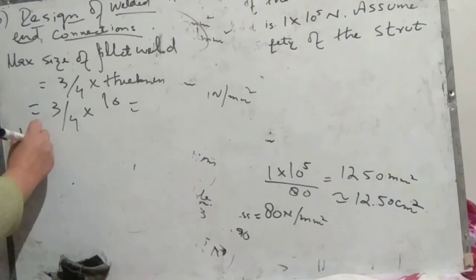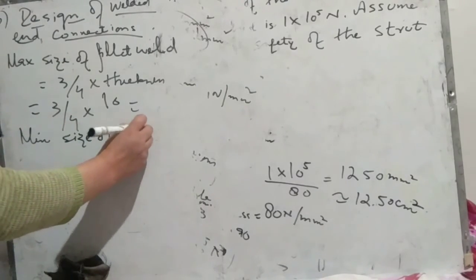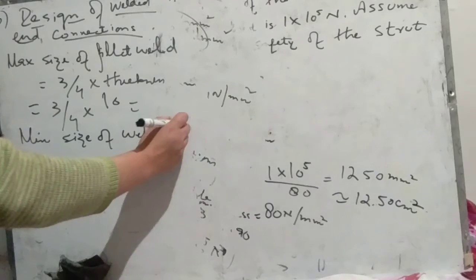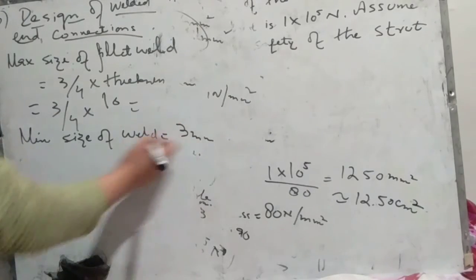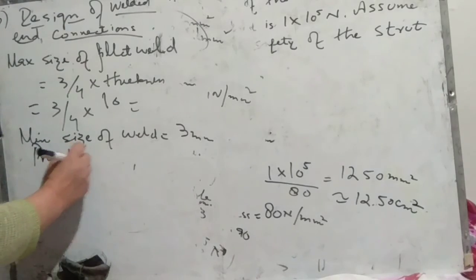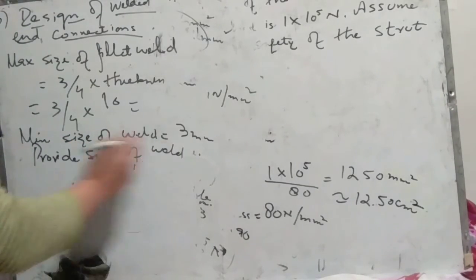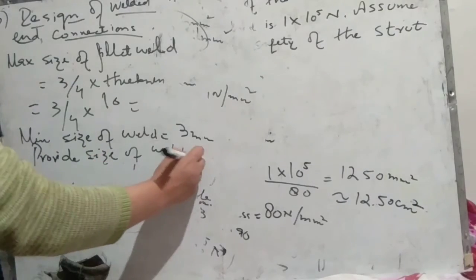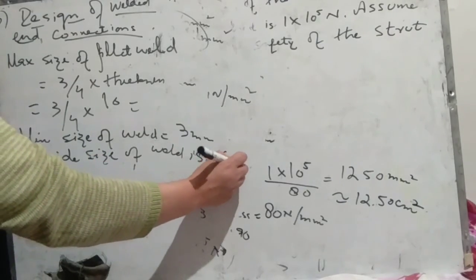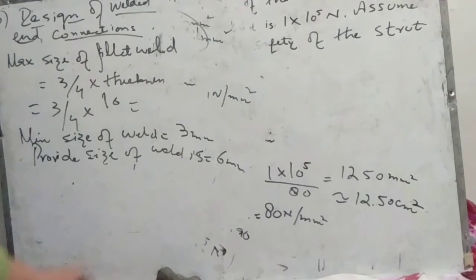So minimum size of the weld as per IS 800 you can provide as 3 mm. Let's assume size of weld as 6 mm. This value you have to assume. S is equal to 6 mm. Minimum value you can take as 3 mm, sorry.